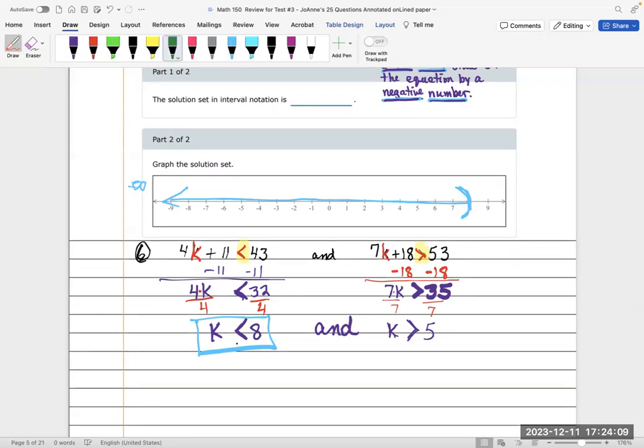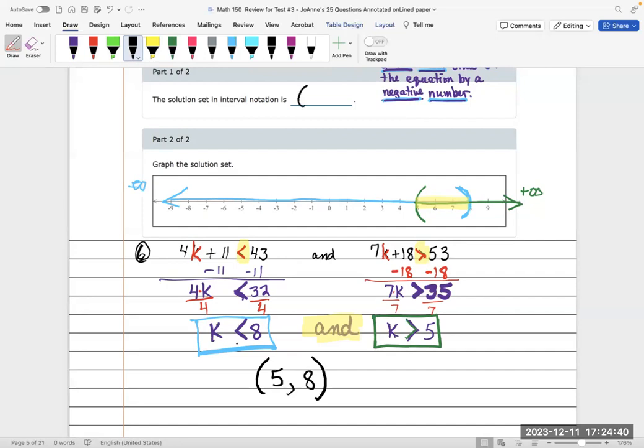And then k strictly greater than 5 means not 5, but everything close to 5, and all of these numbers bigger than 5, headed toward positive infinity. So the only part that satisfies both equations is the part in the middle. So it would be the numbers from 5, not including 5, up to not including 8.